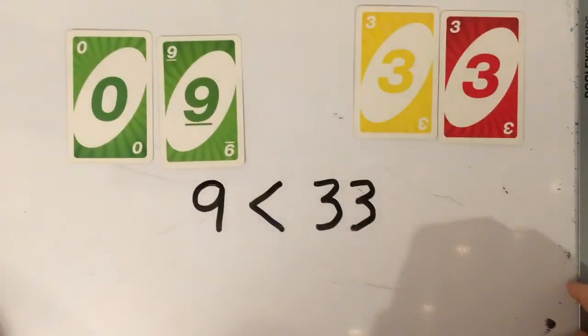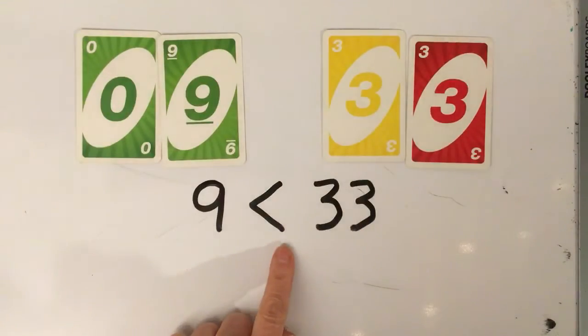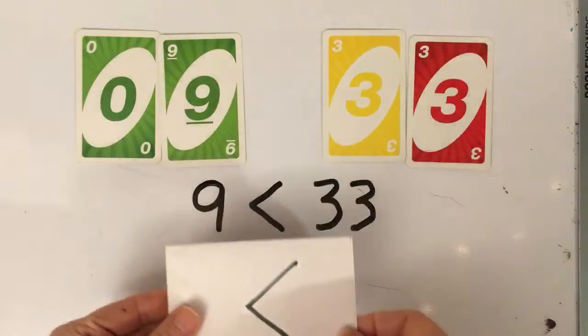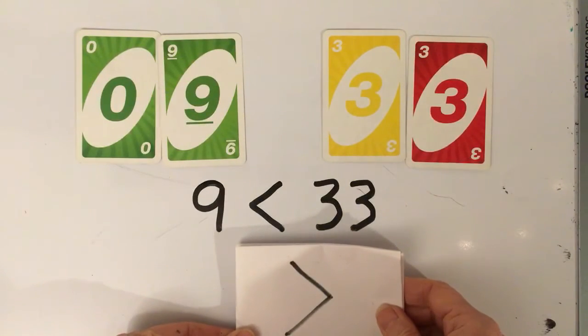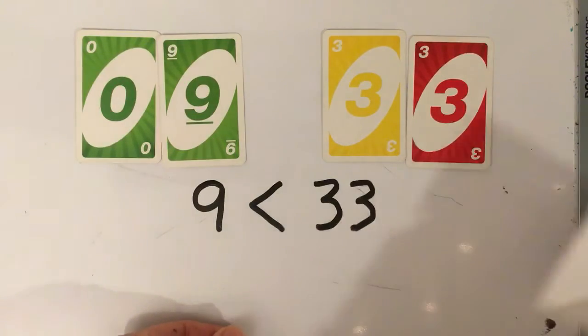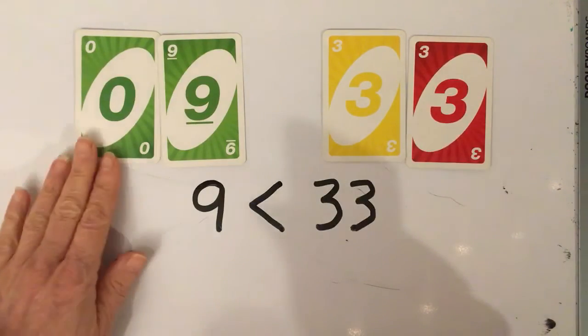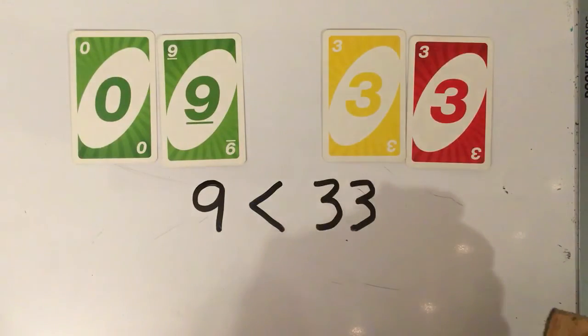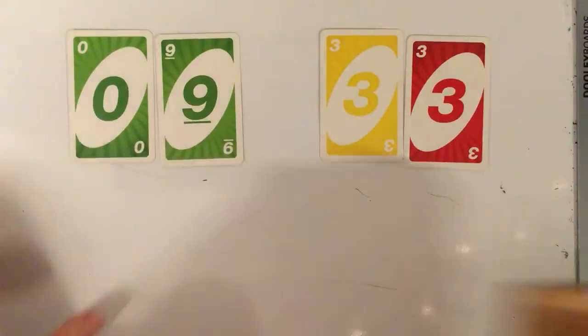I remember when I was learning this math concept a long time ago, I got very confused with this symbol because if it goes this way, it means less than, and if it goes this way, it means more than. It really helps me to think the big side goes toward the big number. If you know what the greater number is or the larger number is, face your symbol towards the big side.